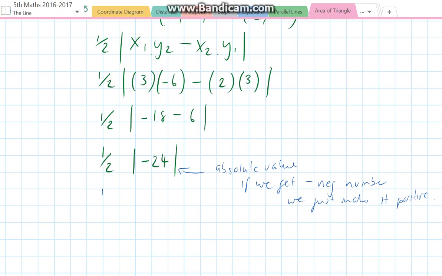So we're going to have a half on 24. They're just like multiplying brackets, so that's actually 12 square units. So the area of the triangle was 12 square units. And that's how we find the area of the triangle when you're given your 3 points.